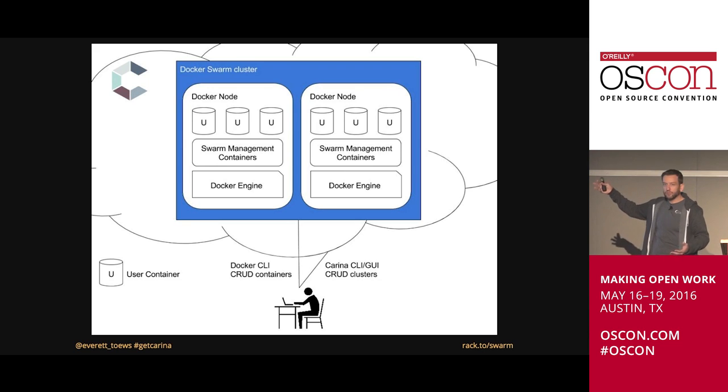And then, of course, your user containers, your applications, your services that you're running. So you use the Karina CLI, like we just did in the previous slide, to create the cluster. Once you have the cluster, you start using the Docker CLI or other Docker ecosystem tooling to start working with your containers on the Swarm.